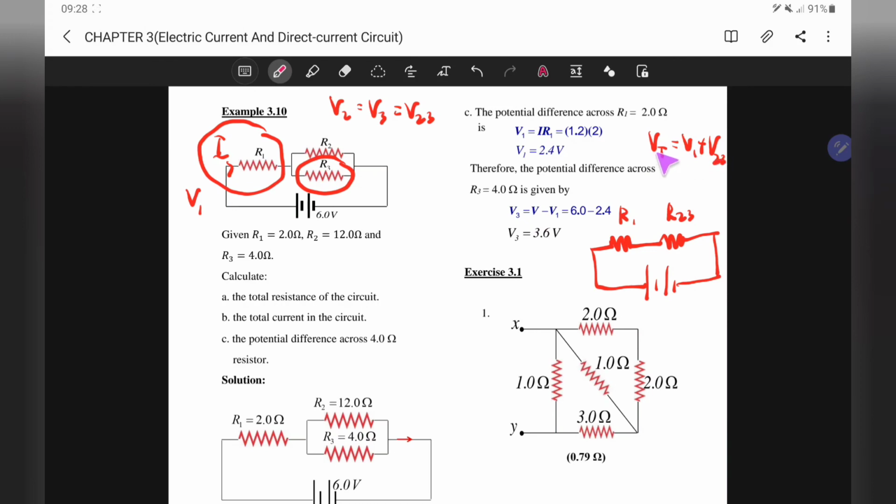V total is 6, V1 is 2.4, and then you will get V23. V23 is 3.6, which equals V2 equals V3. So we have answered the question. They ask you to calculate V3, isn't it? This is the way to understand the question and how we answer it step by step. I hope it's very clear for you.